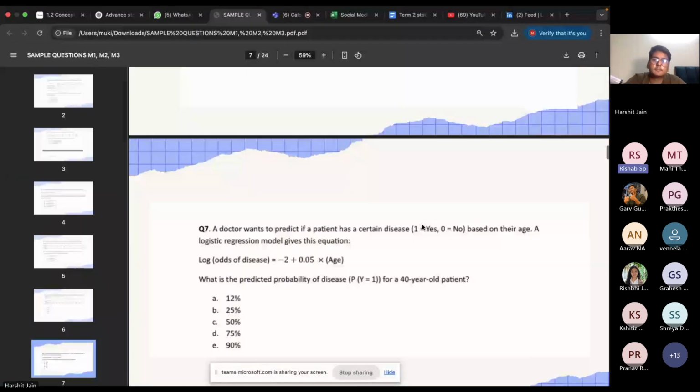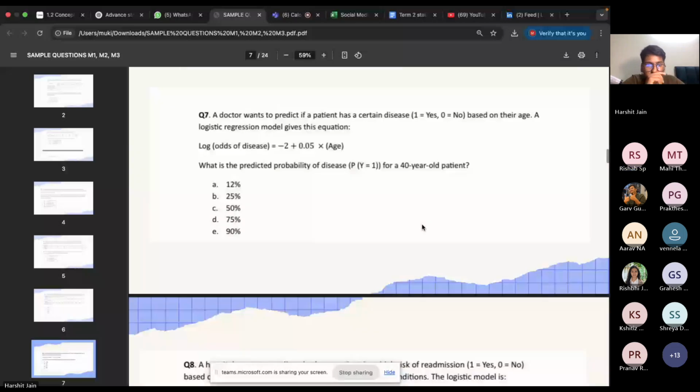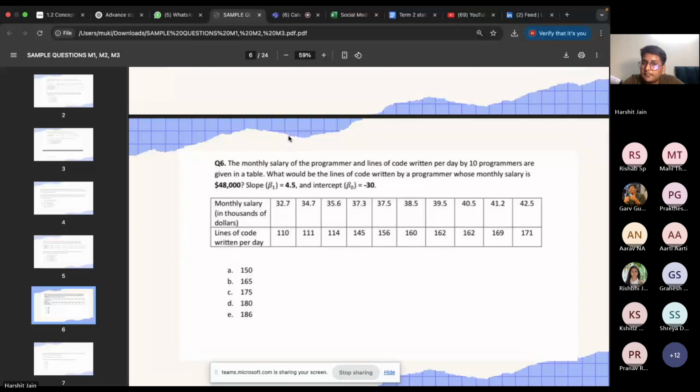Harshit, question 7. Yeah. Rishabh, in the 6th question, from where did you take the value 48? 48 in the table, it is written in the other form, right?